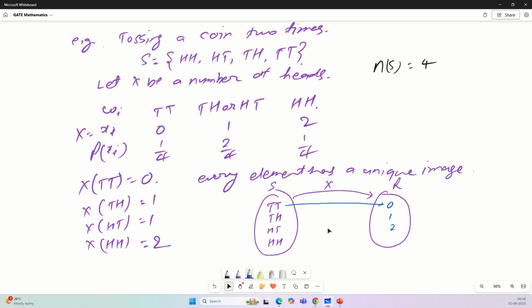Tail head and head tail both have a single head, so this one or this one, both map to 1. Then head head maps to 2. So tail tail has 0 heads, tail head or head tail has one head, and head head has two heads. This is how it is mapped.